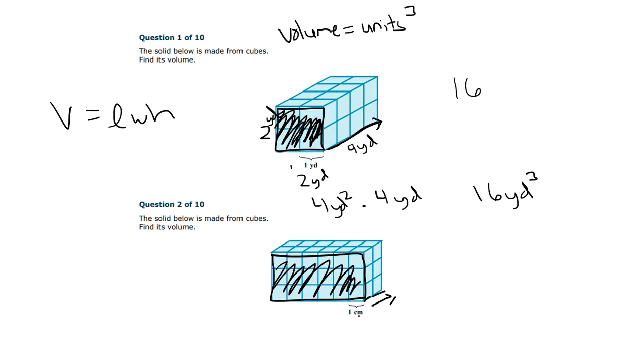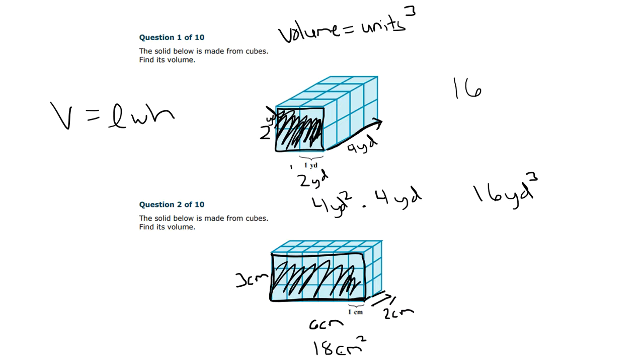So to find the area of the rectangle, it's 1, 2, 3, 4, 5, 6, so 6 centimeters by 1, 2, 3, 3 centimeters, and 6 centimeters times 3 centimeters is 18 centimeters squared, and then that rectangle was extended the length of 2 centimeters.